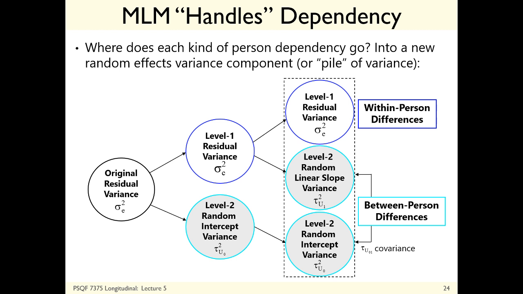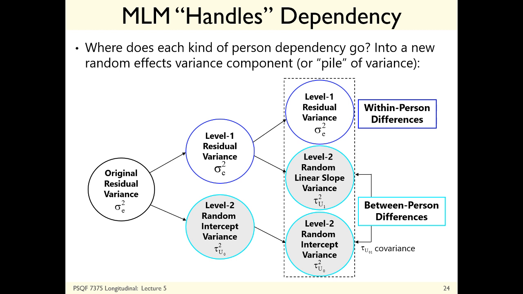So now we have 3 kinds of error variability. That is to say, we have not explained anything by adding random time. We have repartitioned. And I call these error terms because we don't know why people need their own slopes. It's still error in that sense. Our job is to explain it. But demonstrating that there are these differences to be explained is a logical precursor to explaining them.